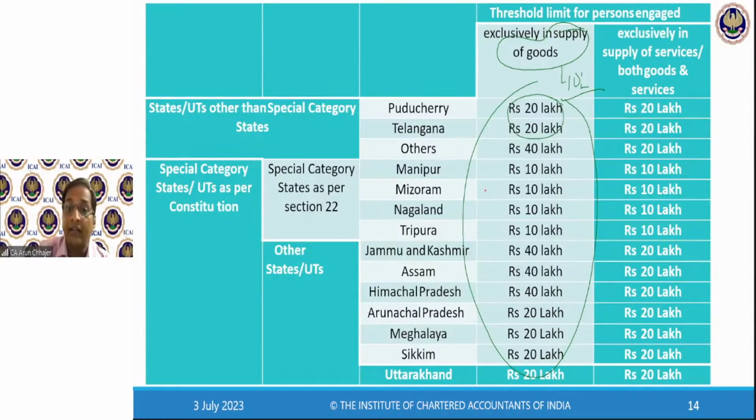For Manipur, Mizoram, Nagaland and Tripura, the limit of 10 would be there because these 4 special category states have not enhanced the threshold from 10 to 20. For Jammu and Kashmir, Assam, etc., the limit would be 40 because they have enhanced the threshold limit. Again, here why is 20 there? Because these are covered in the notification.